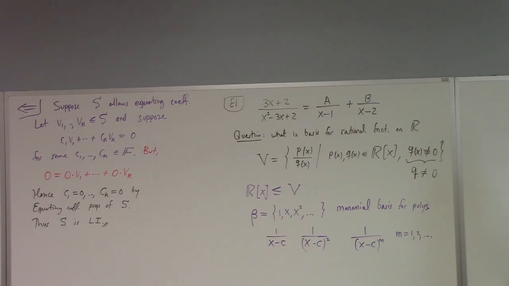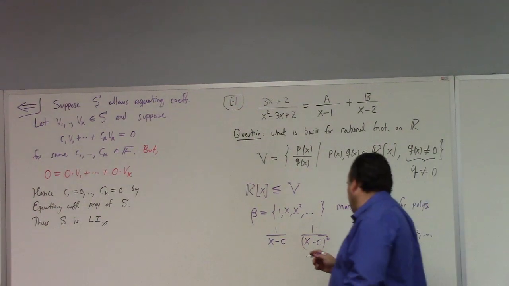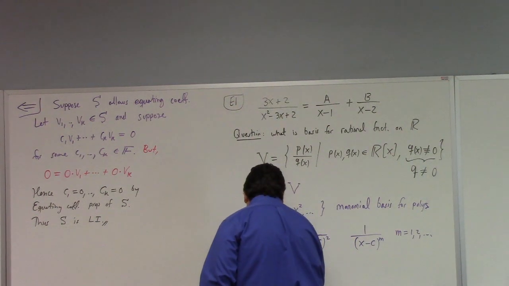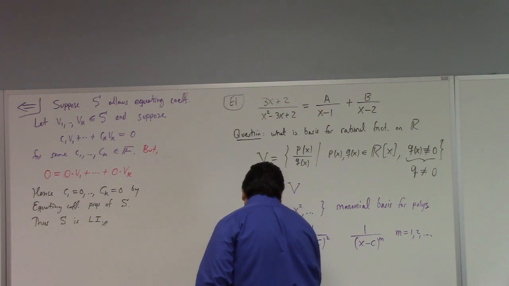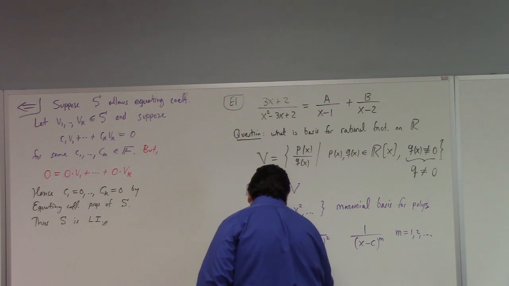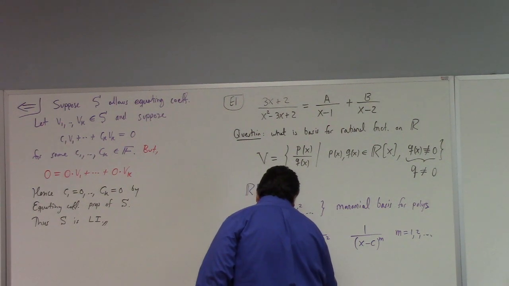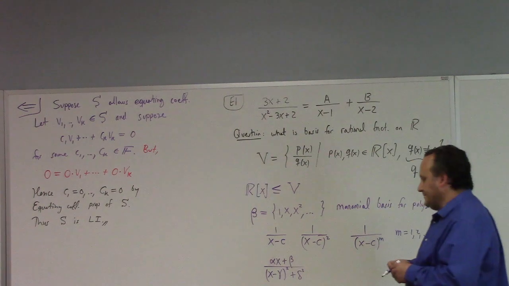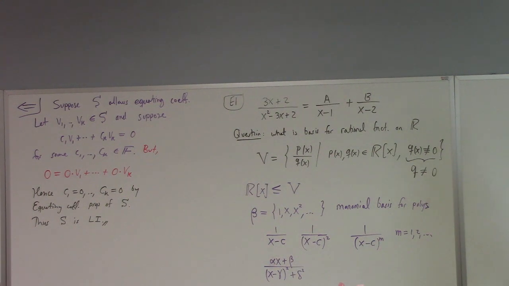And then the other thing that can happen is you can have things of the form alpha x plus beta divided by, say, x minus gamma quantity squared plus delta squared. So-called irreducible terms. In the partial fractions decomposition, sometimes we needed those in Calc 2.